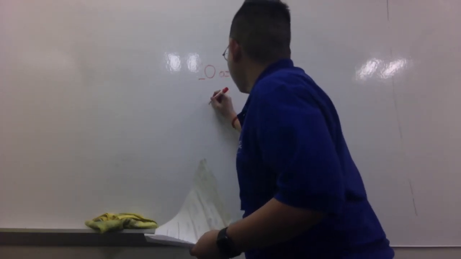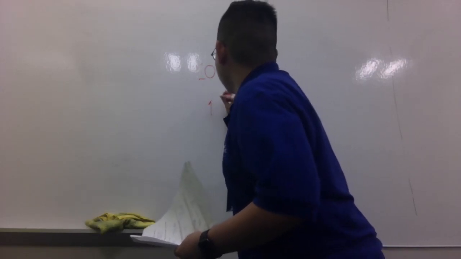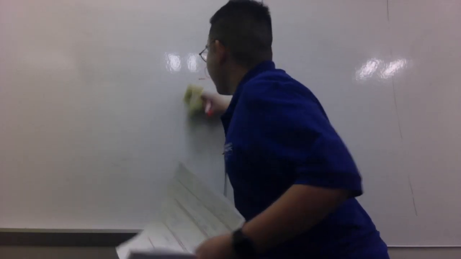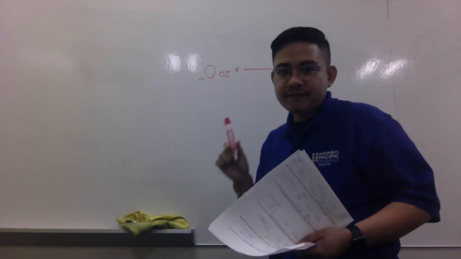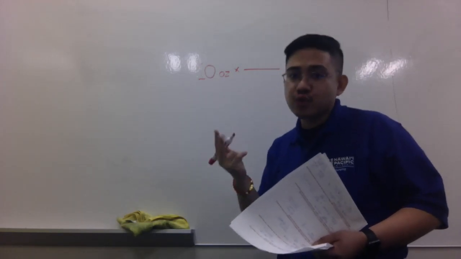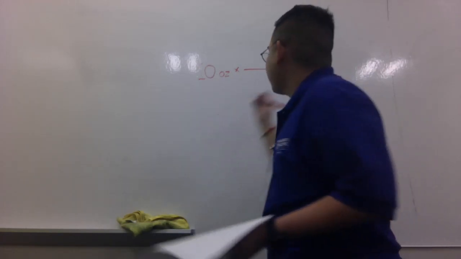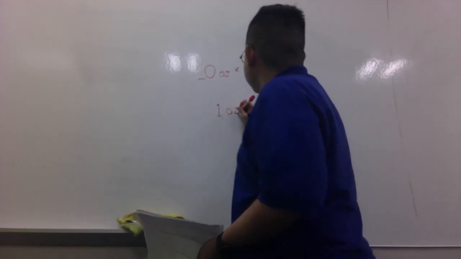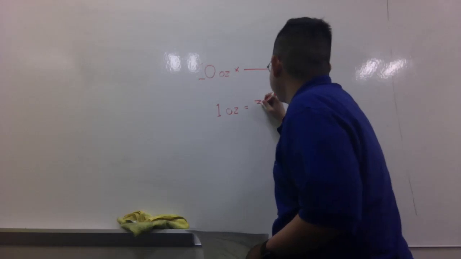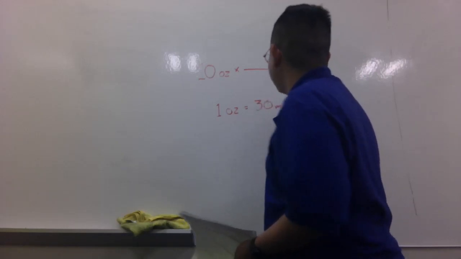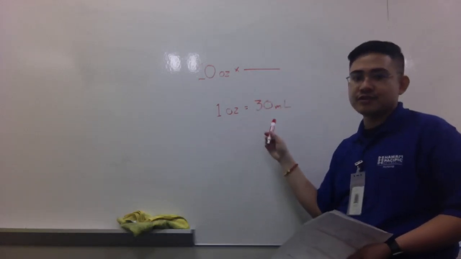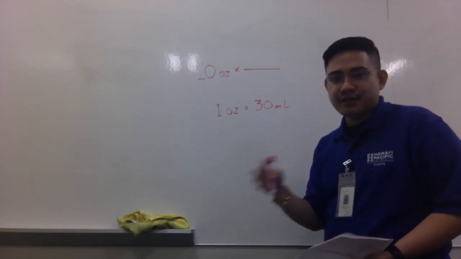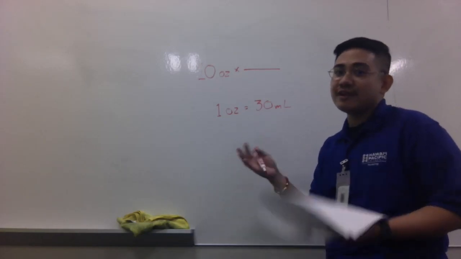Make sure you know all your conversion factors and try not to switch the numbers, okay? Because I'm going to show you right now. In 1 ounce, you have 30 ml. Keep this in mind: 1 ounce equals 30 ml. As I mentioned earlier, do not switch the digits. That's when you're going to have very funky answers.